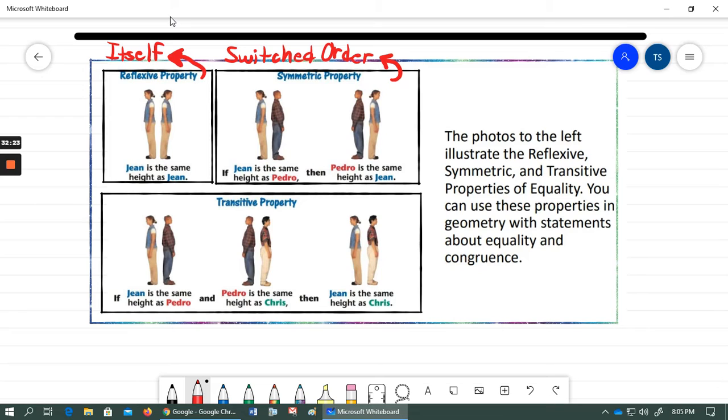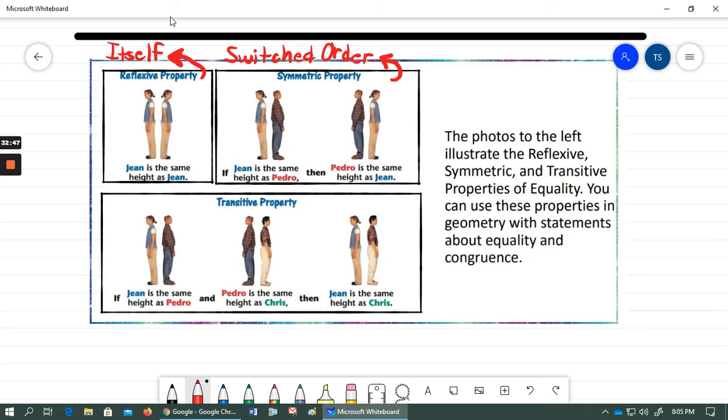And then, folks, with the transitive property, I just want to explain what these properties are about before I show you the algebraic expressions for them. And we want to explain that using these illustrations. Okay? With Gene's height and Pedro's height, and even with Chris's height.